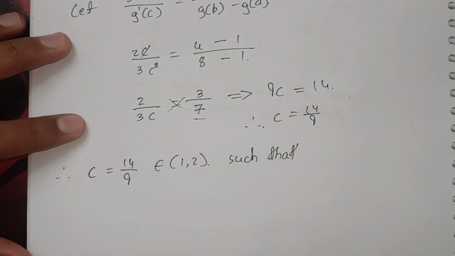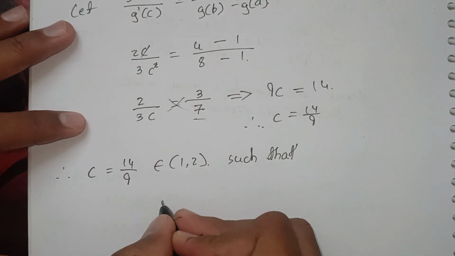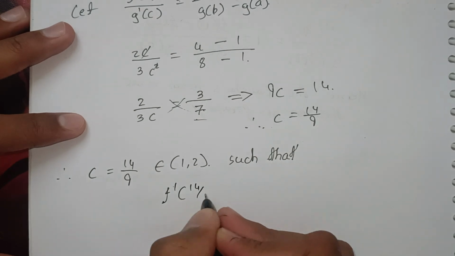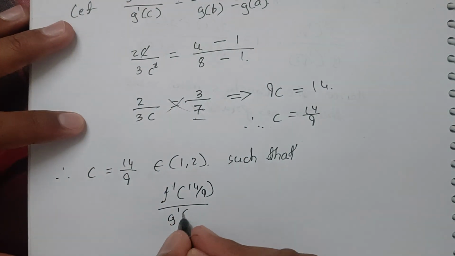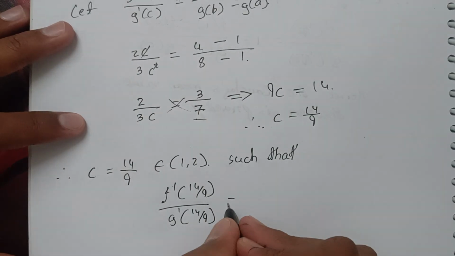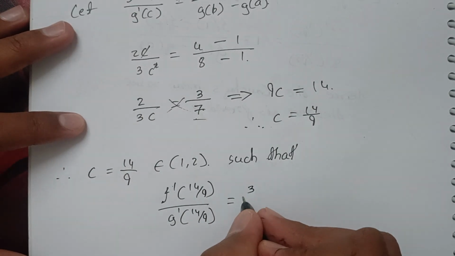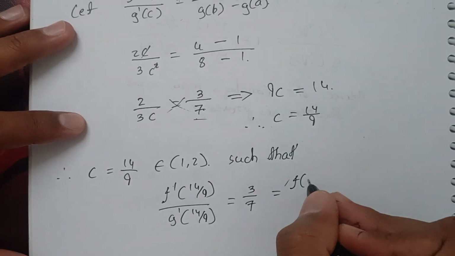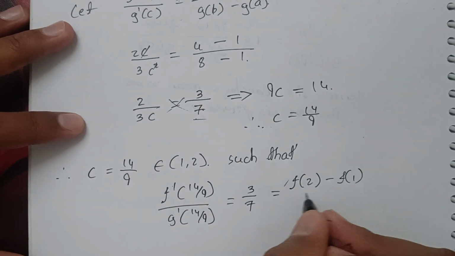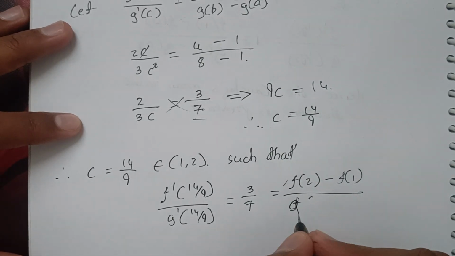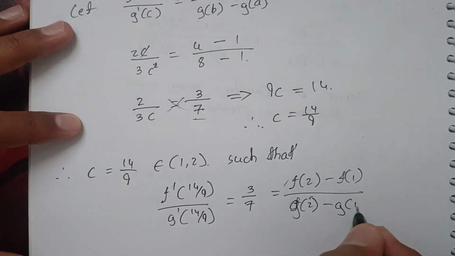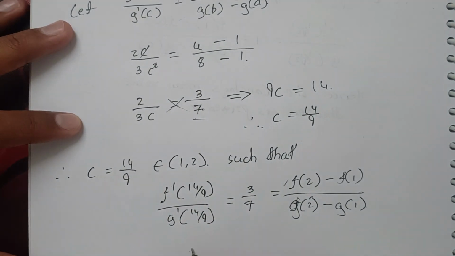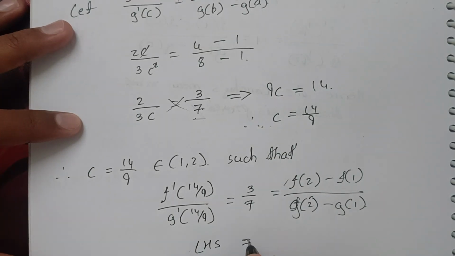So hence f dash of 14 by 9 divided by g dash of 14 by 9 is equal to 3 by 7, which is equal to f of 2 minus f of 1 divided by g of 2 minus g of 1. So both sides are the same. So LHS is equal to RHS.